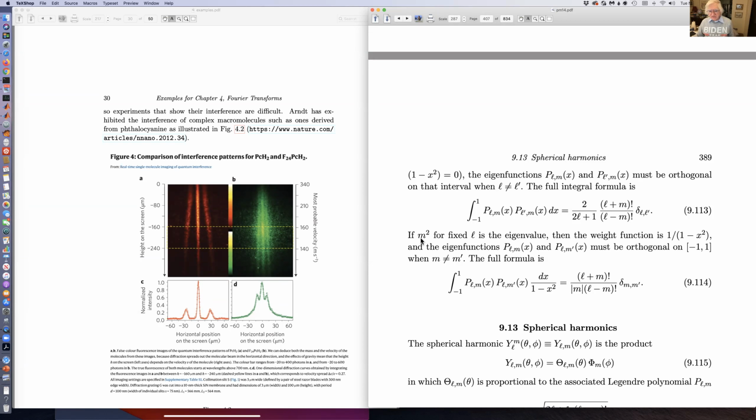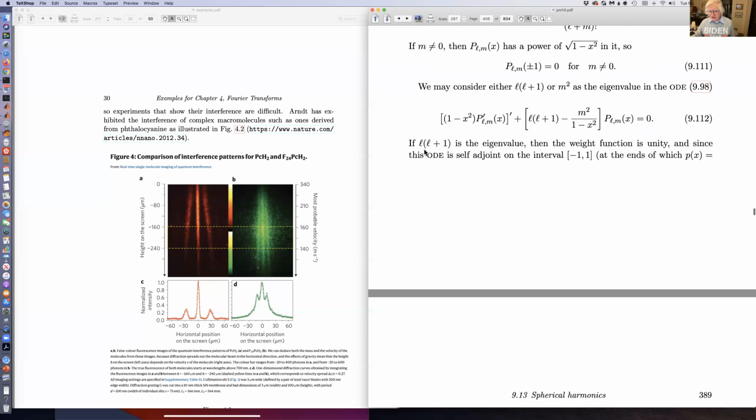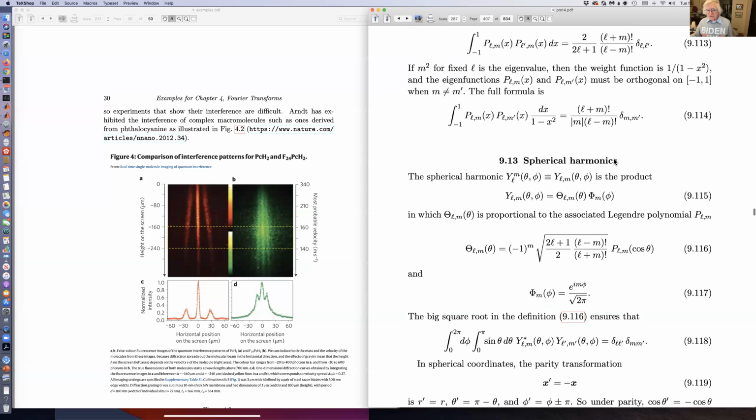We can see that if m squared are the eigenvalues, well, we can't have m going to infinity. But if L is the eigenvalue, we can have L going to infinity. And as L goes to infinity, L(L+1) goes to infinity. And so the associated Legendre polynomials are complete, as are the ordinary Legendre polynomials.